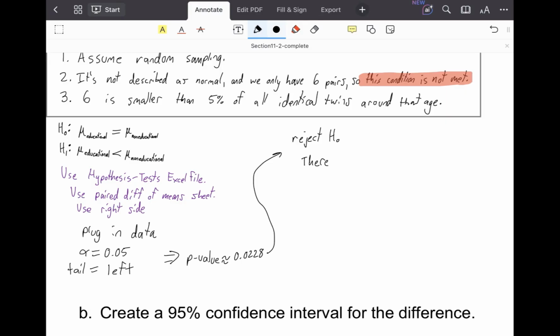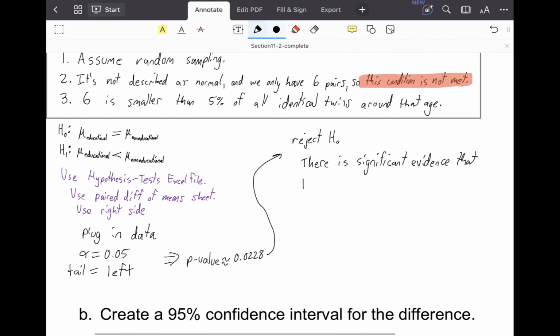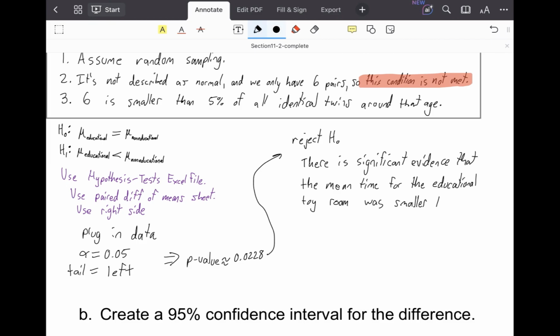So we could say there is significant evidence that the mean time for the educational toy room was smaller than the time for the non-educational toy room.